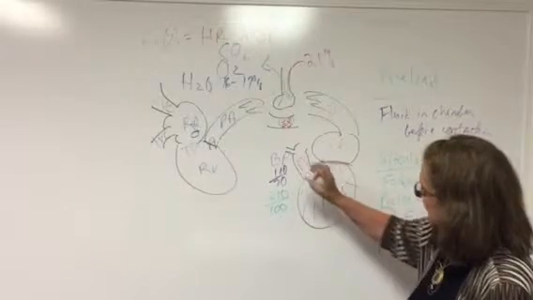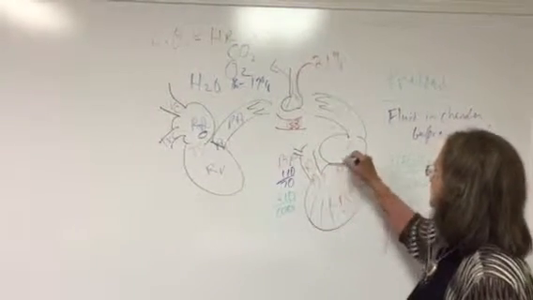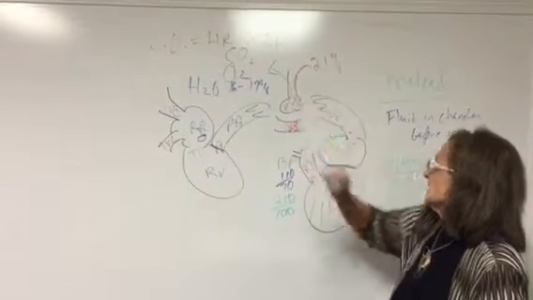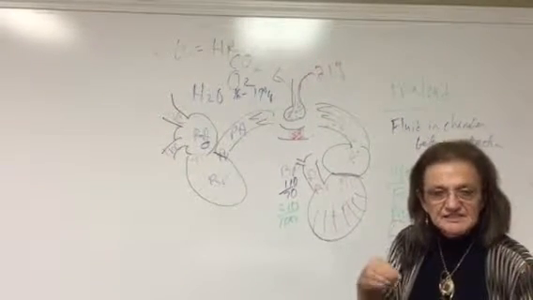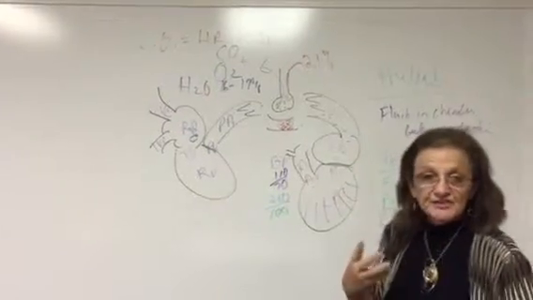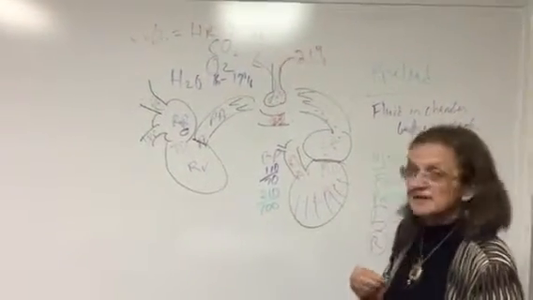And if you can't get the fluid forward, it goes back where it came from. And all symptoms of left-sided failure go to the lungs. Left to the lungs, left to the lungs, left to the lungs. They would get shortness of breath, crackles, and in its worst phase, pulmonary edema.